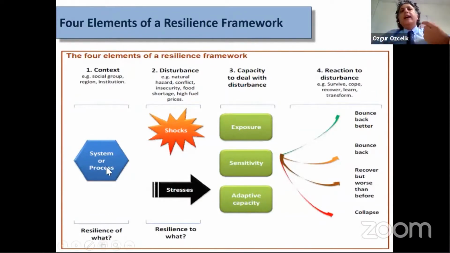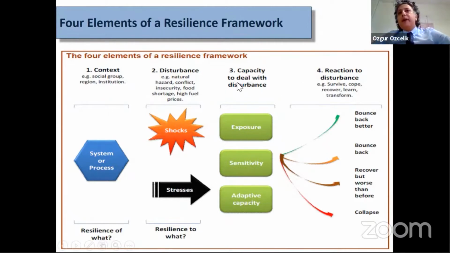First is context, which is resilience of what? A system or a process or a building or a system of buildings. Then you ask the question, resilience to what? In terms of built environment, resistance to earthquakes or resistance to tsunamis or combination of these hazards, a multi-hazard perspective.